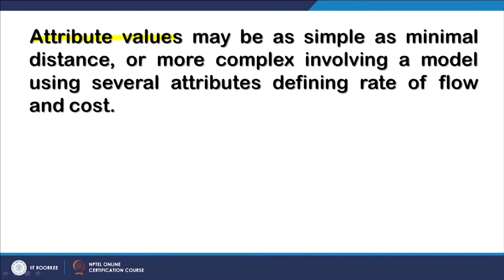Attributes may be simple, like minimal distance, as in the road example I have given, or more complex, involving a model using several attributes defining rate of flow and cost. This is how it tells or predicts that if I start now from Roorkee to Dehradun, this much time is going to be taken. Of course, using distance and speed, we can also determine the cost.